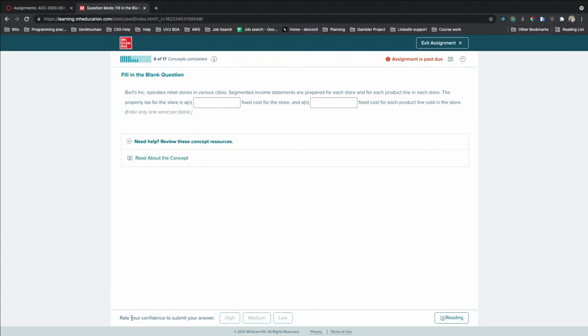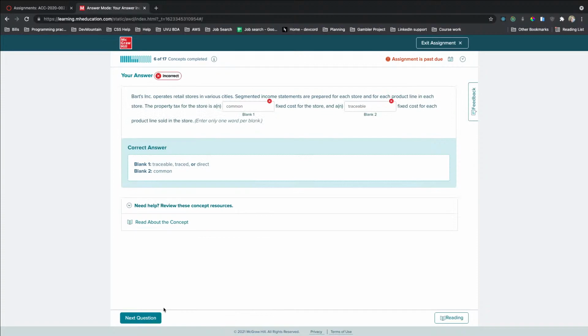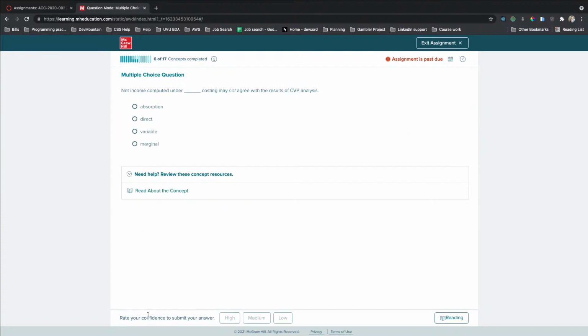Well, I'm going to say traceable fixed cost for the store. Yeah, the store is going to be common. The store has more things in it, so, oh, I got that backwards.